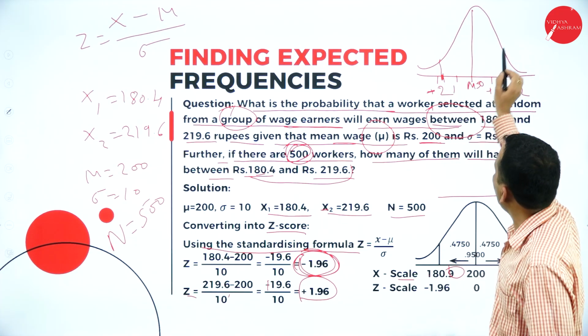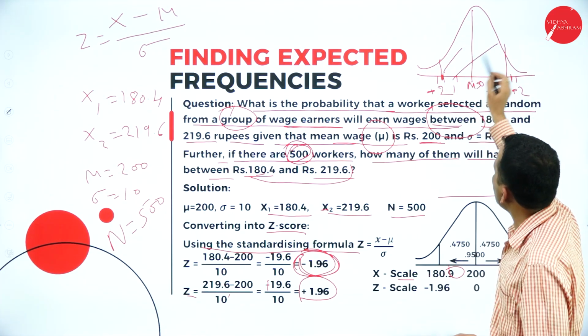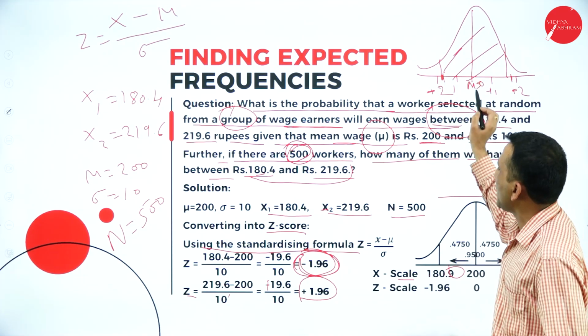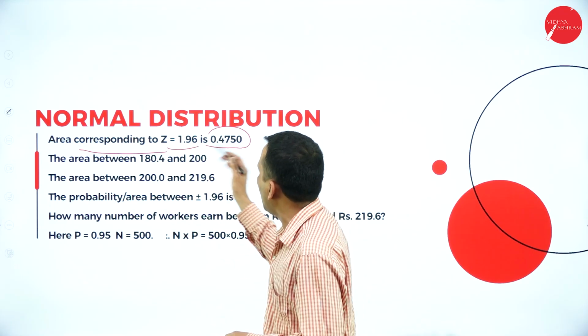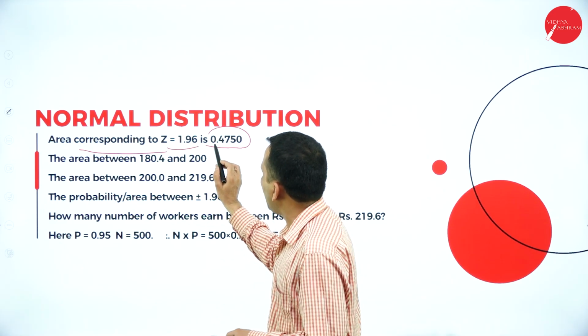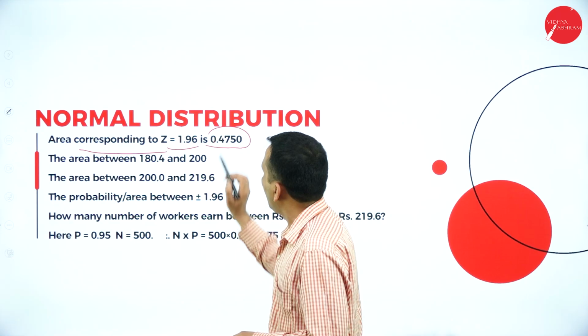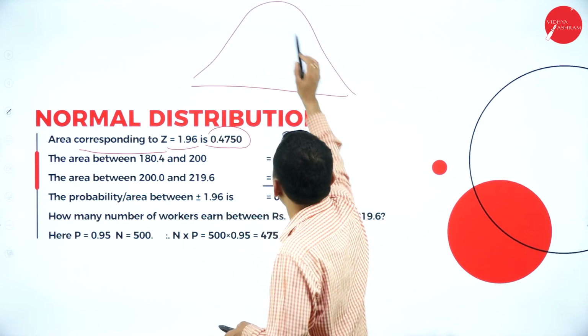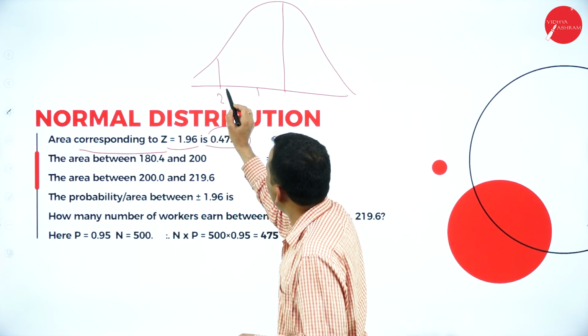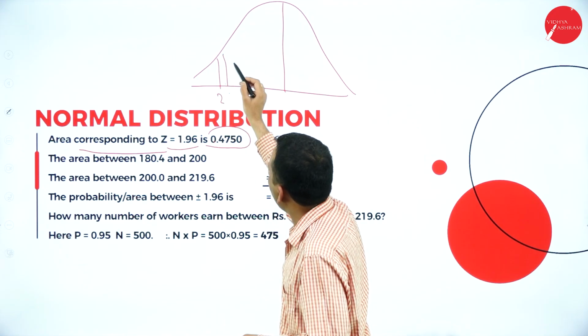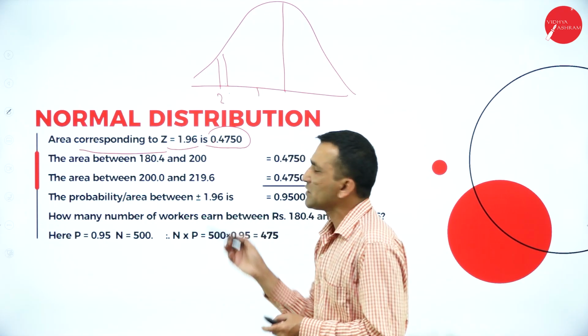If you shade this area, the value for the left side is separately 0.475. Again, in the bell shape, on the left side, here 1, here 2, in between it is located, and the value is 0.475.